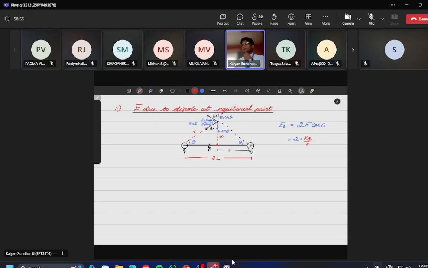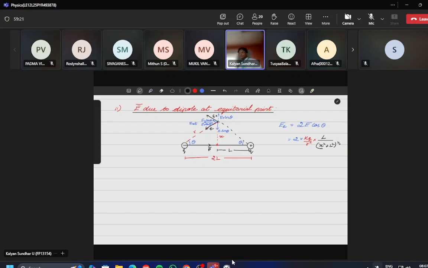Adjacent by hypotenuse. So adjacent will be L divided by r. Correct?